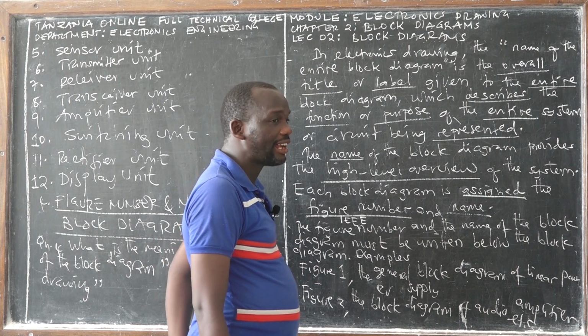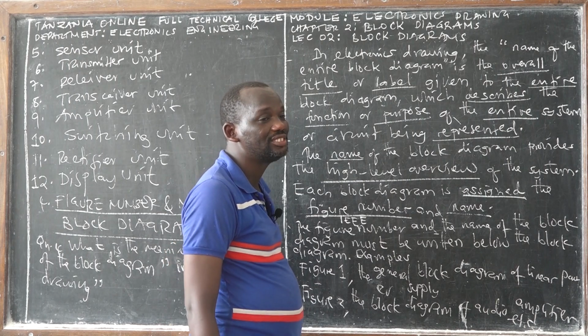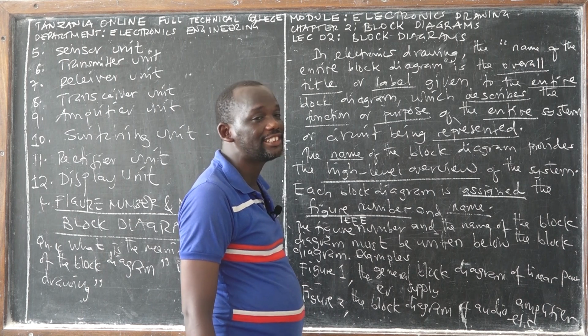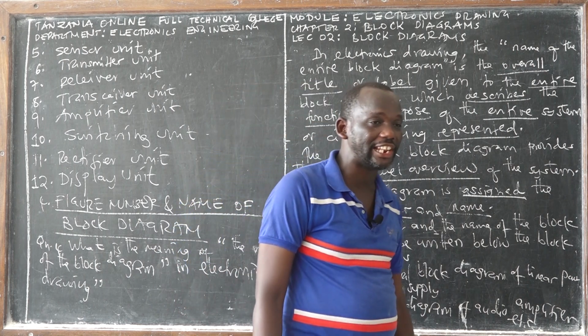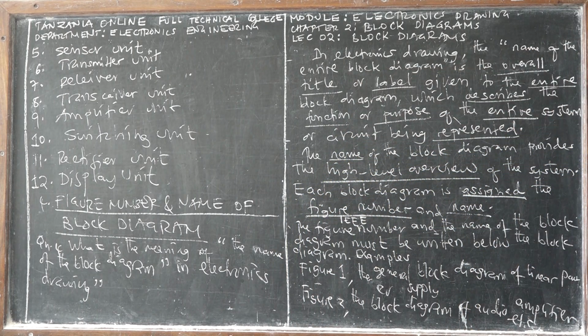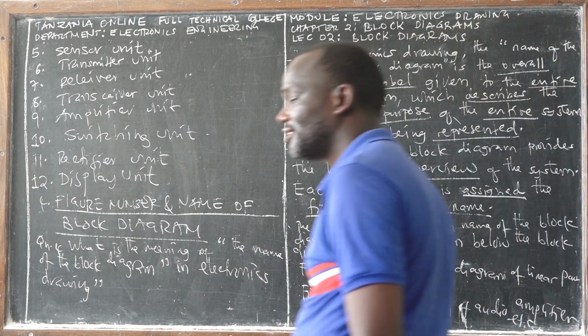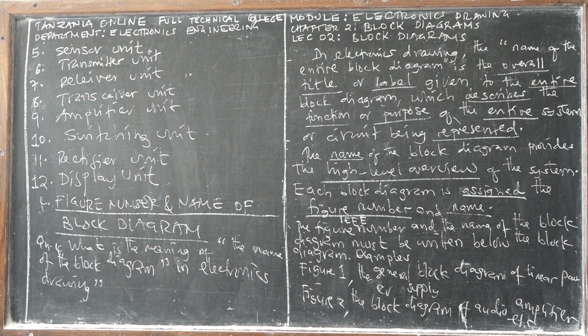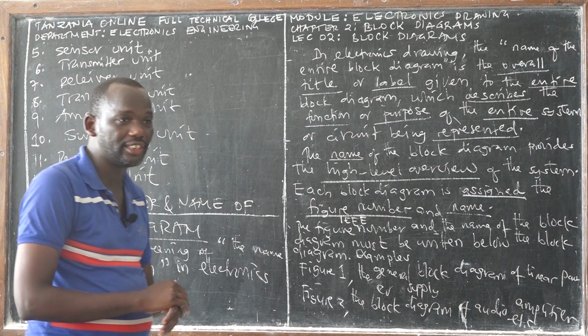So are you ready now for an assignment on what I taught you? Go and find 10 examples of electronics and telecommunication block diagrams. You may even decide to find just one, because you have a score of 1. And you should not only draw, you have to understand them. How are they working?